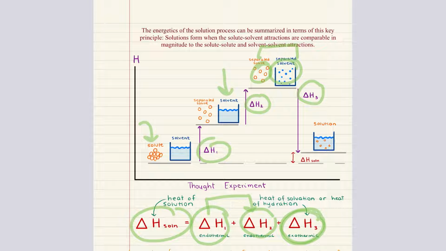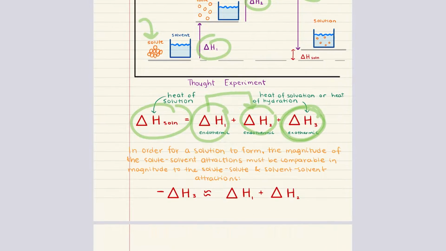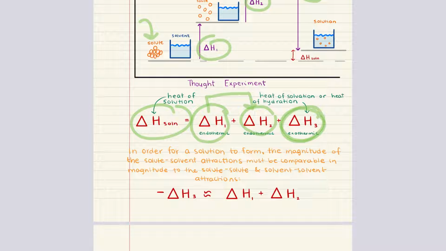Now, for a solution to form, the energy released when the solute and solvent mix has to be enough to compensate for the energy required to separate the solute and solvent particles. If the energy balance is favorable, then the solution forms.